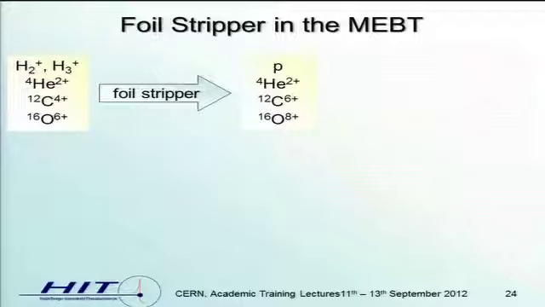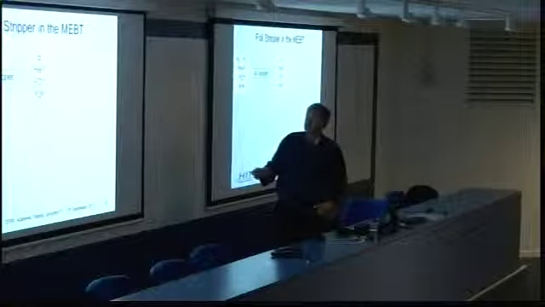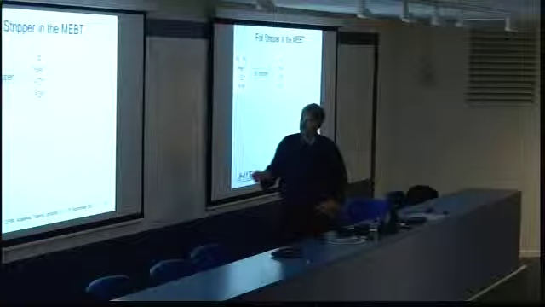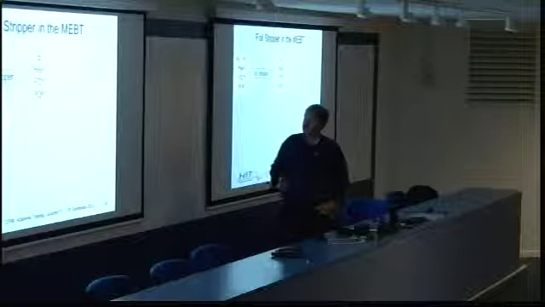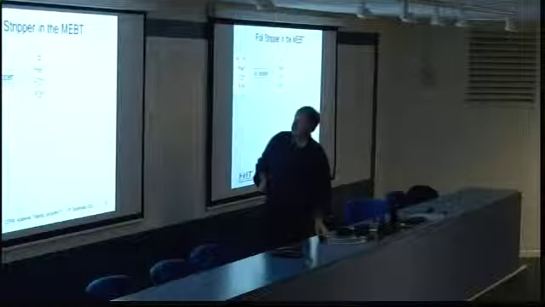For the hydrogen molecules, there is a task to break up the molecules and to strip away the electrons. Helium will be unchanged, it will just cross the stripper foil, but for carbon we have to strip away 2 of the last electrons, and the same for oxygen.